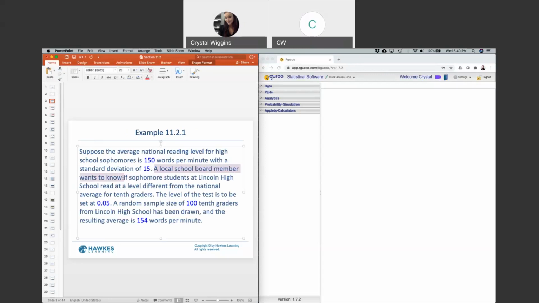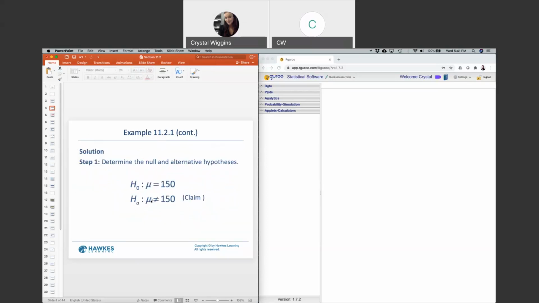Okay, so that's an indication that they're trying to run a test or claim that they want to know if sophomore students read at a different level from the national average. So we have the national average up here. The national average is 150 words per minute. And if the local school board member wants to know if it's different, that is a not equal to sign.